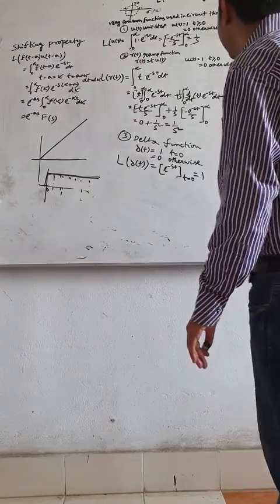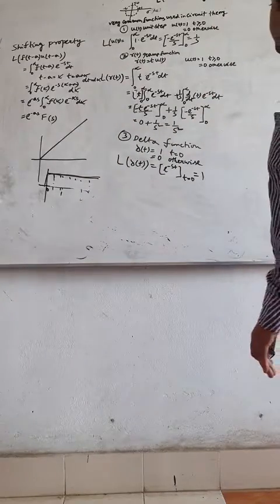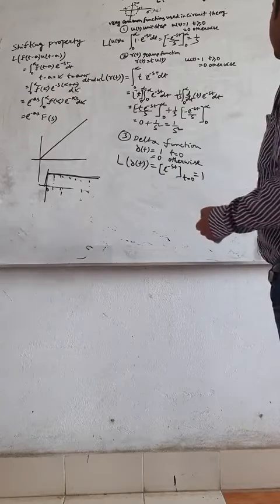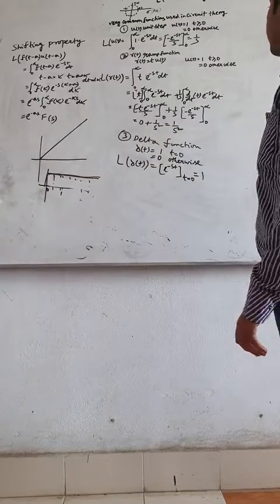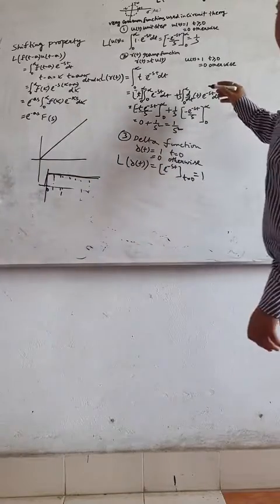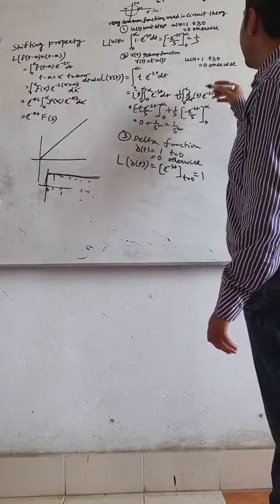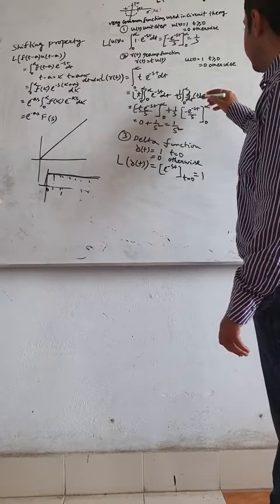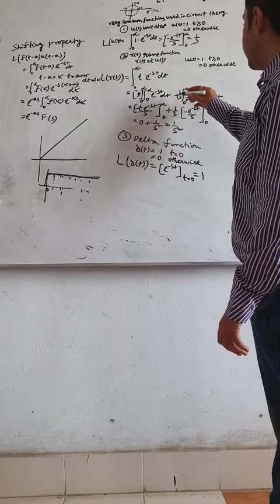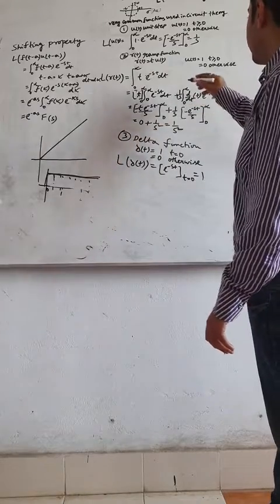We have done the integration previously. This is the integration of e to the power minus st, which gives minus e to the power minus st by s. So minus and minus will be plus, 1 by s.